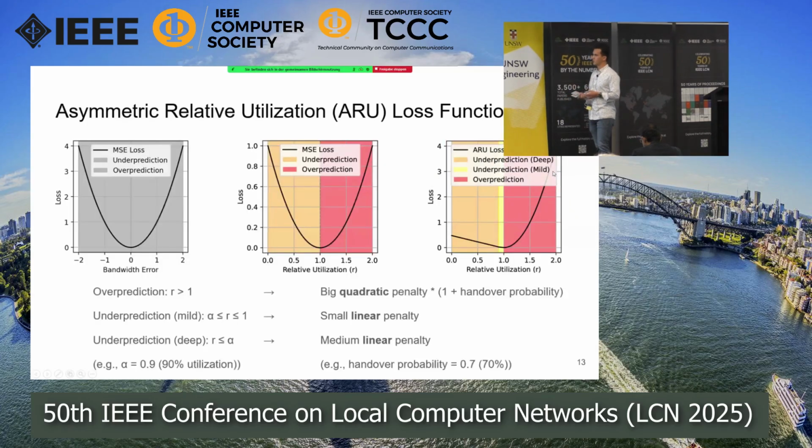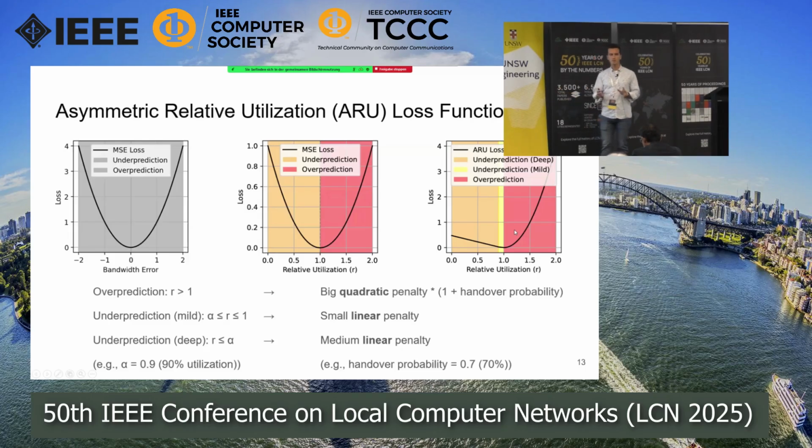If we look at the ranges that we defined, we have a quadratic penalty on the over-prediction region, because we don't want to do over-predictions all the time. We want to avoid these bursty over-prediction errors. But of course, we also don't want to utilize the network at only 50% utilization. So we created a middle region that we call mild under-prediction.